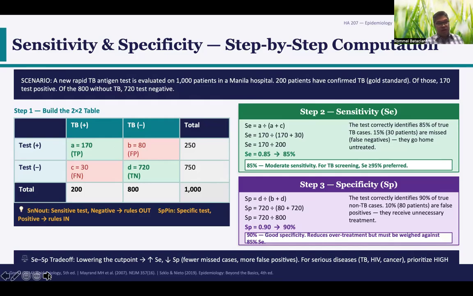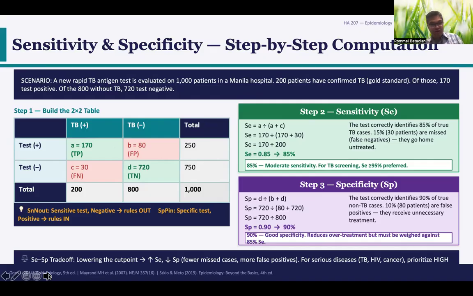So let's say our scenario here: a new rapid tuberculosis antigen is being evaluated on 1,000 patients in a hospital in Manila. 200 patients were confirmed with tuberculosis using a gold standard.